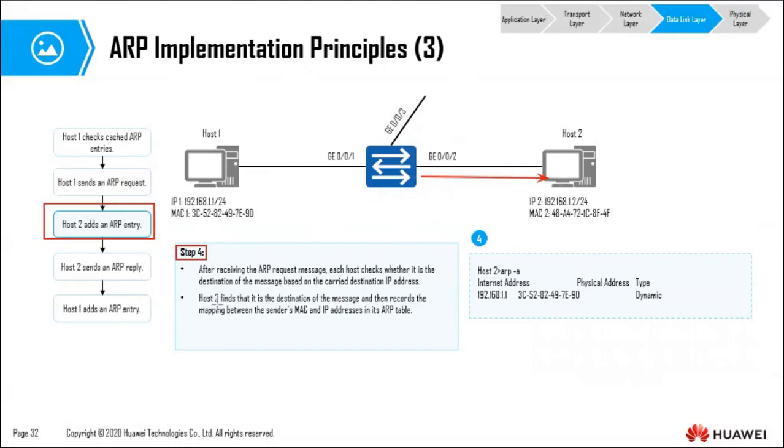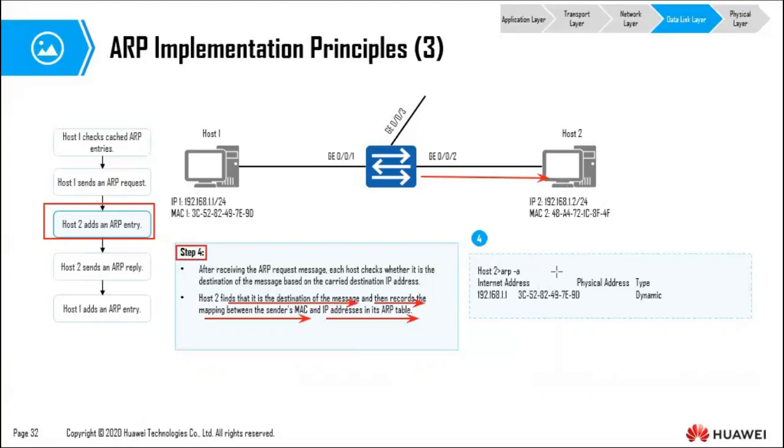If it matches mine, it finds the destination message, records the mapping between the sender's MAC address and IP address in its own ARP table. So I will first learn and store the association between the IP address of host 1 and the MAC address of host 1. I'm simply getting it from the ARP request message.